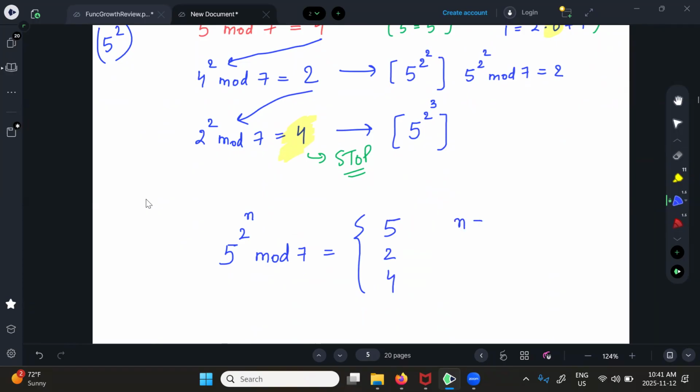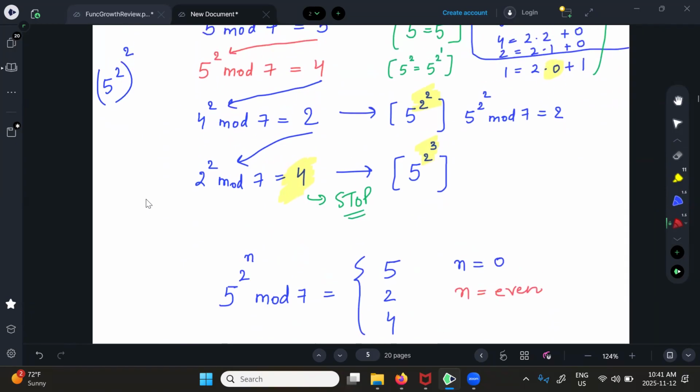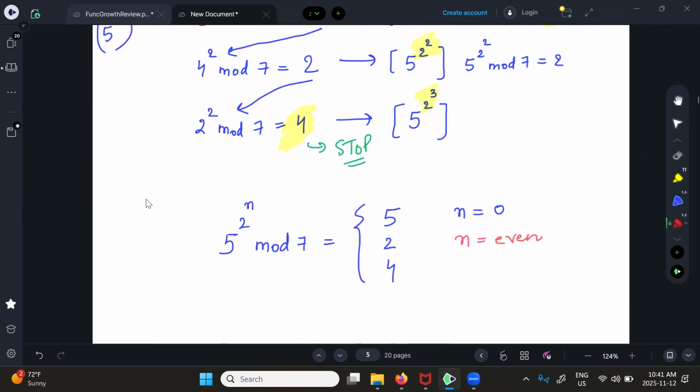So 5 when n is 0, 2, when it's even, and 4 when it's odd. So that's why I want you to make this mapping on the side, to make sure you collect the right numbers. Okay, good.